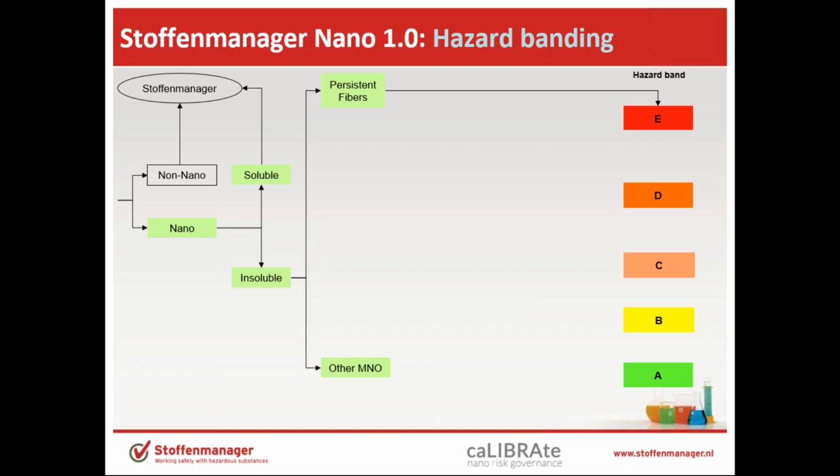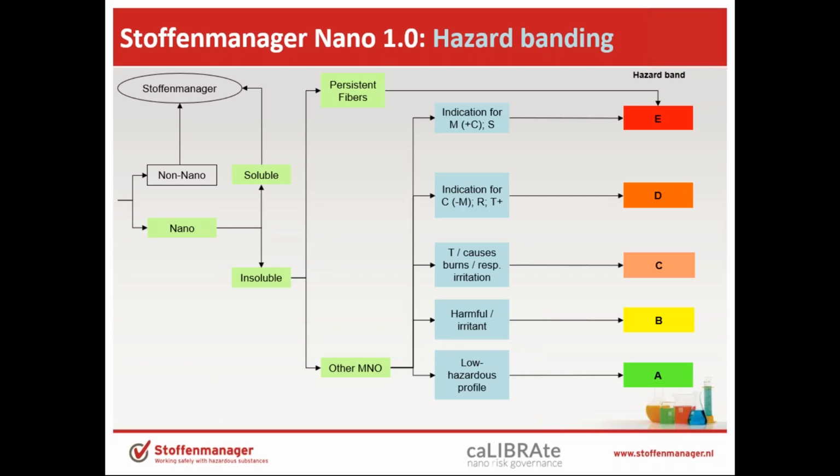If it's not a persistent fiber, then your hazard classes are defined by whether your nanomaterial is a mutagen and possible carcinogen.